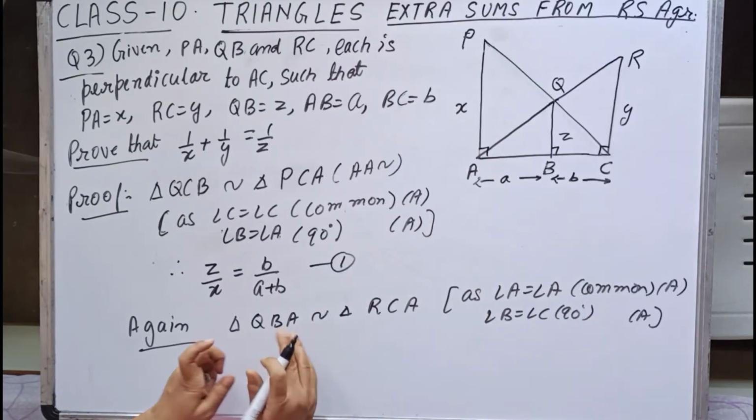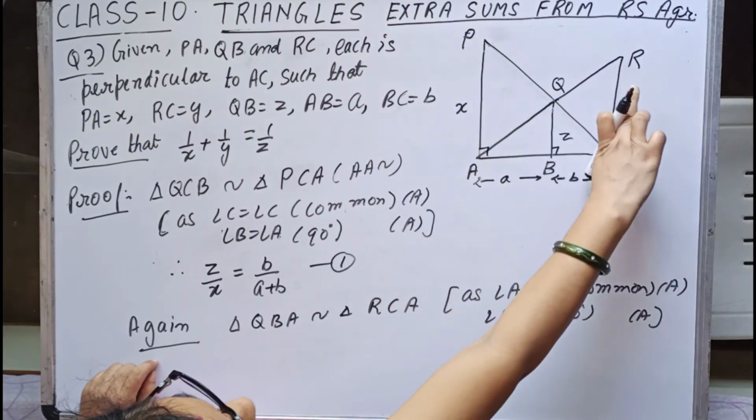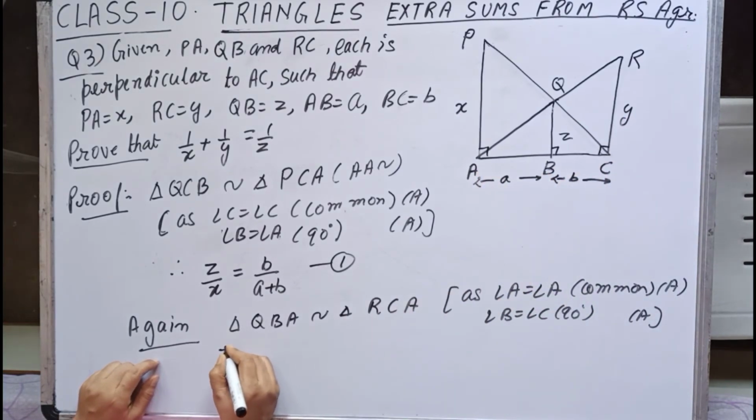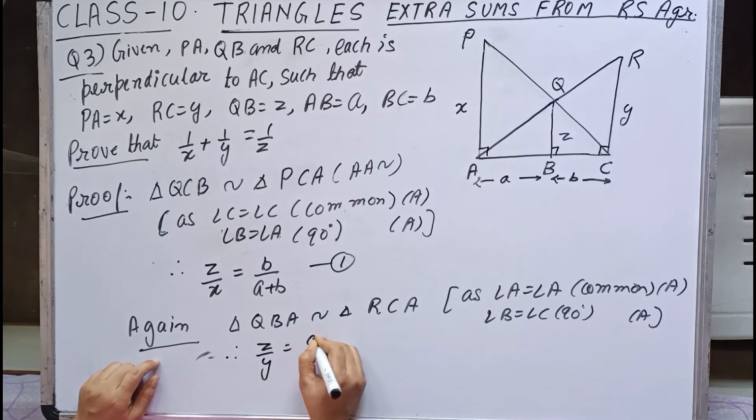When these two are similar, we can write QB by RC equals AB by AC. Therefore Z by Y equals A by A plus B.